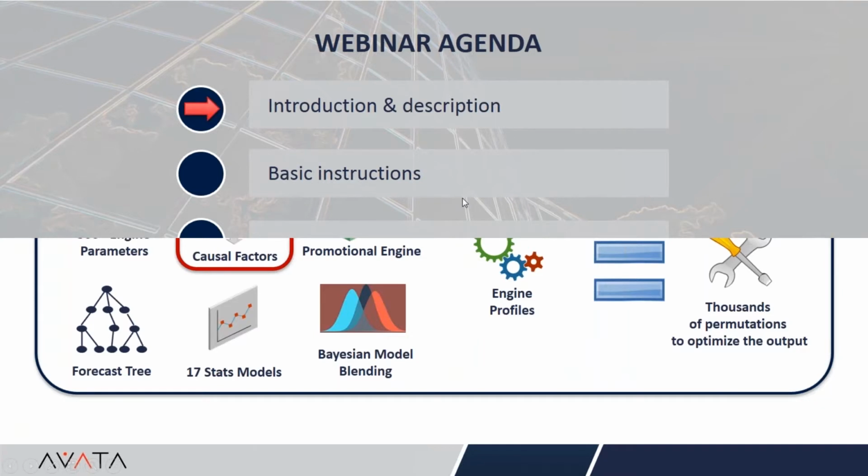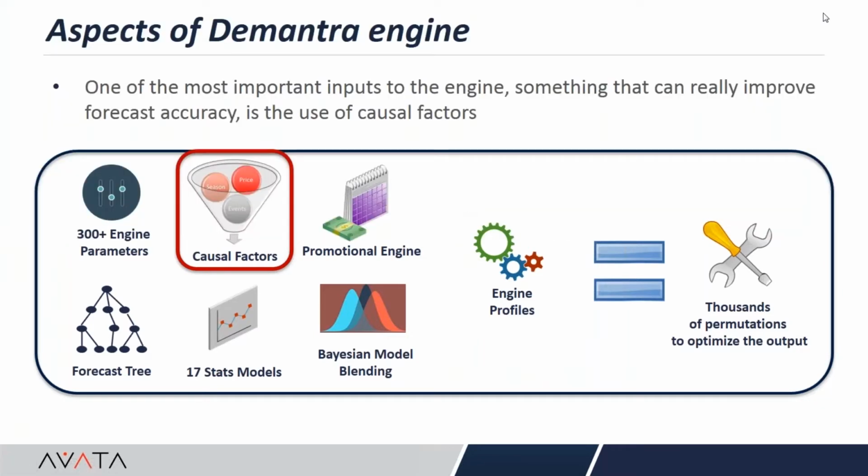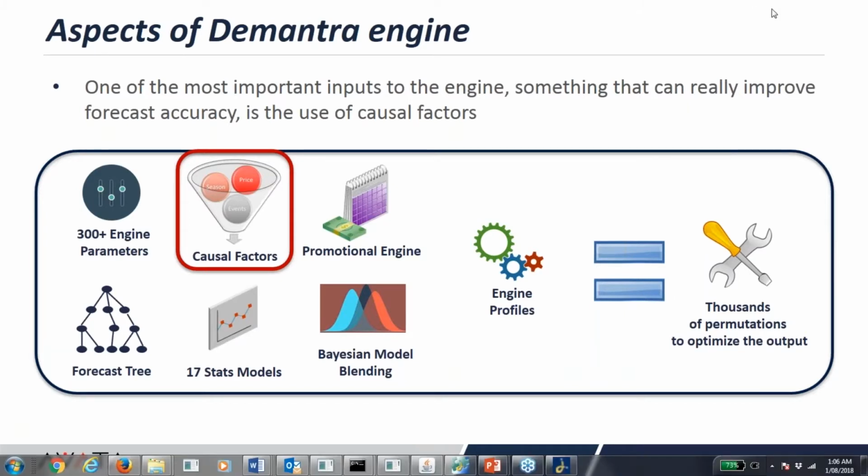Let's talk about the fact that the engine for Demantra comes in a number of different areas. It's a very comprehensive system, and it includes lots of different engine parameters, a forecast tree which defines the way the data is aggregated from the bottom to the top as the engine scans through the data and tries to forecast it.